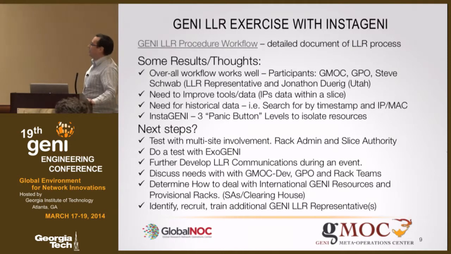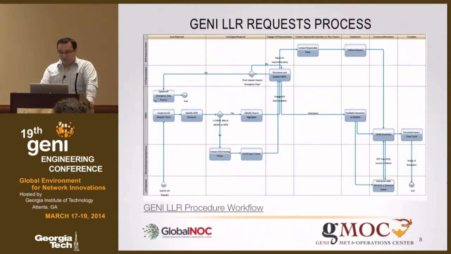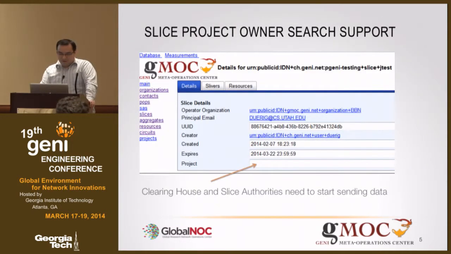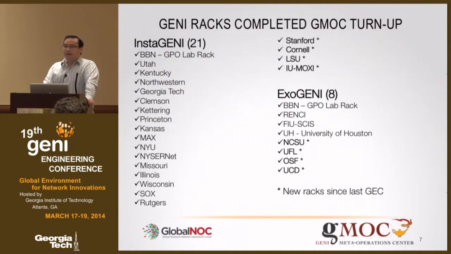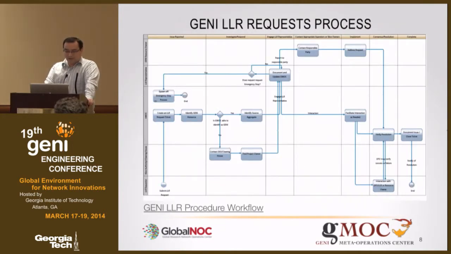Obviously we still need improvement as far as tools and data. With some of the slides I showed you earlier, we're able to find a general place where we can find individual data from a subnet mask, but not particularly from an IP address within a slice.